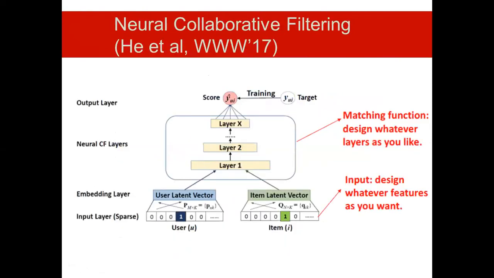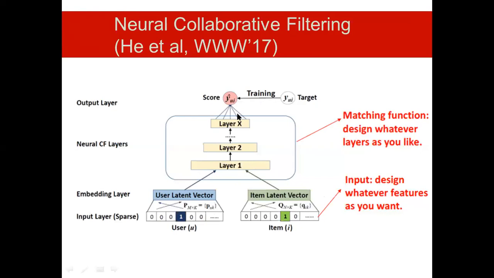So that's a straightforward extension using deep learning models. There's a very well-known work, and the basic idea is exactly what I just described. Instead of using a linear dot product to model the interactions between user and item, we use a neural network.